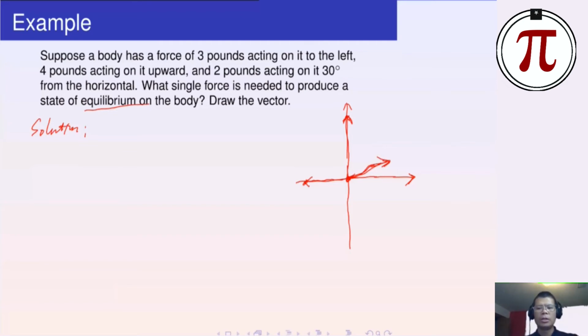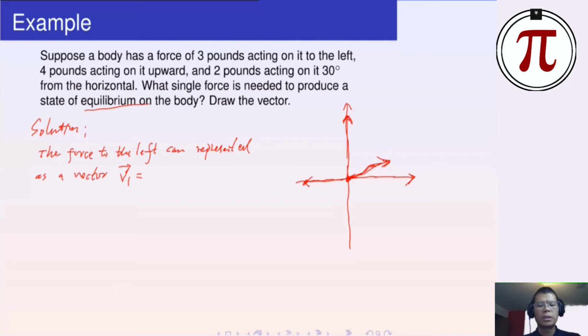For instance, the 3 pound force acting to the left can be represented as a vector, say V1.